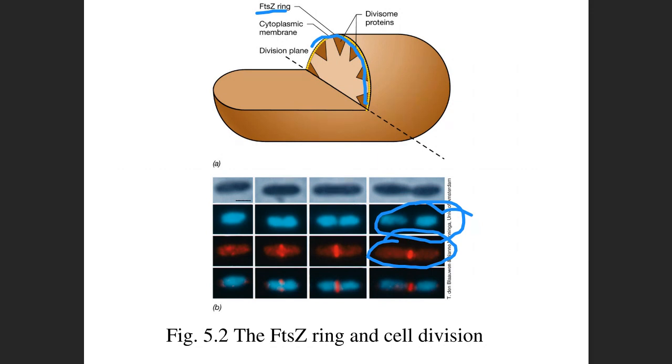And then you can always ask the question, how does this FtsZ protein know where to bind? The protein floats around, so why doesn't it go to the pole? Well, there's another protein guiding it. How does that other protein guide it? Well, maybe there's another protein guiding that.